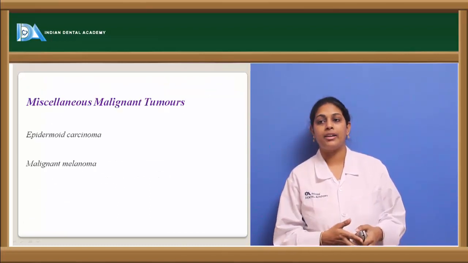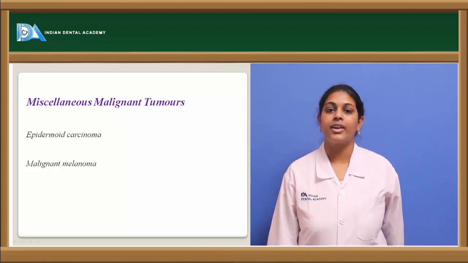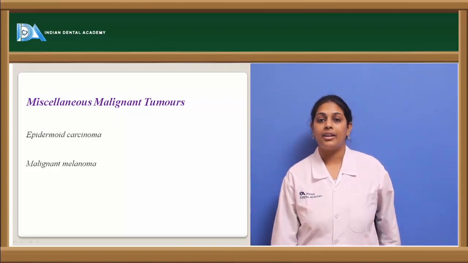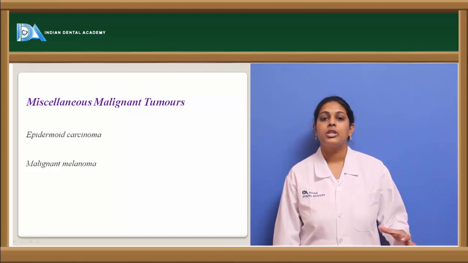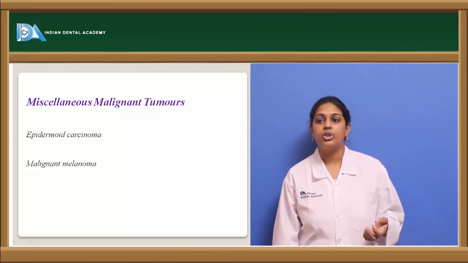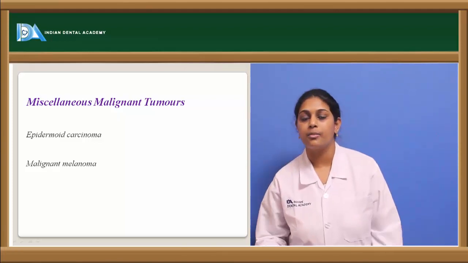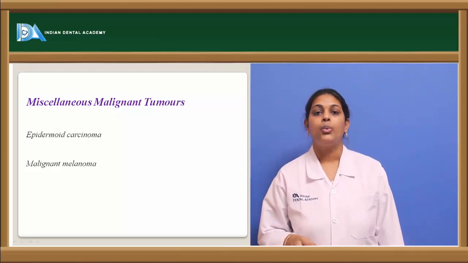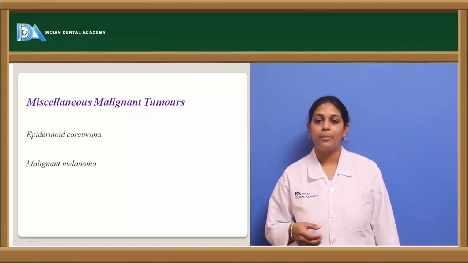Coming to the miscellaneous malignant tumors, among them we usually see the epidermoid carcinomas and the malignant melanoma. The epidermoid carcinoma is so called because it shows features of squamous epithelium, squamous in nature, and keratinization can also be seen, and the cells resemble epithelial cells, with low columnar or cuboidal cells with a centrally placed nucleus.